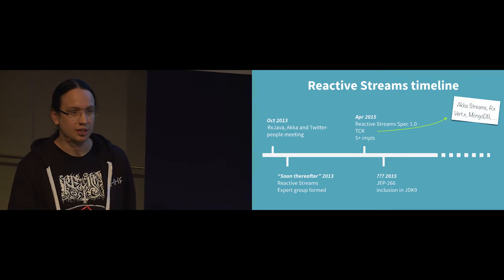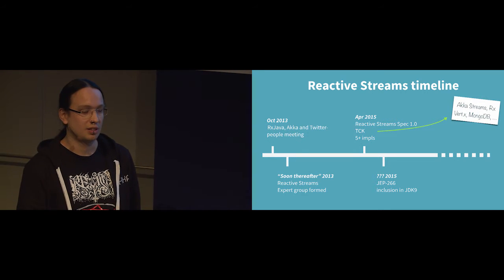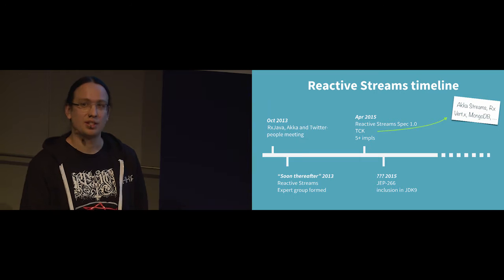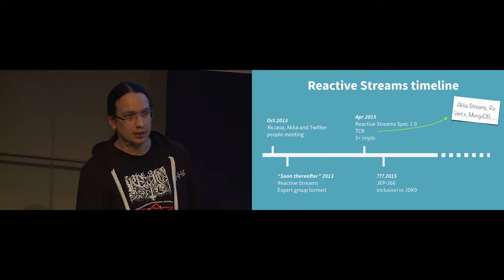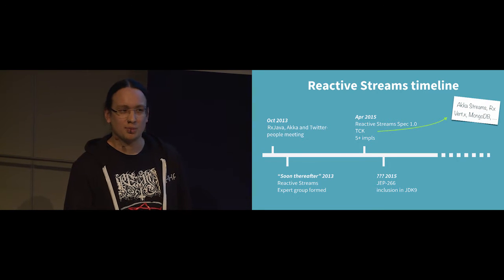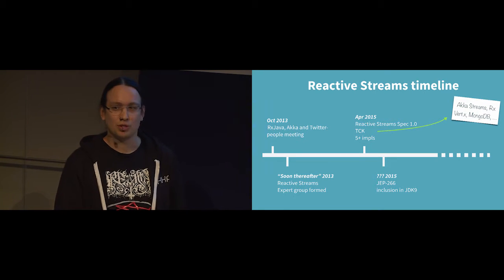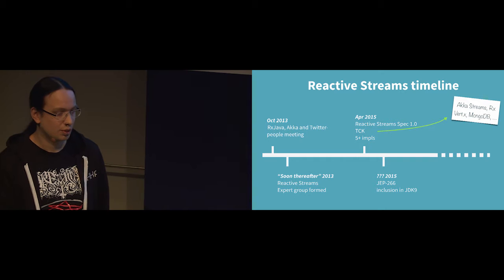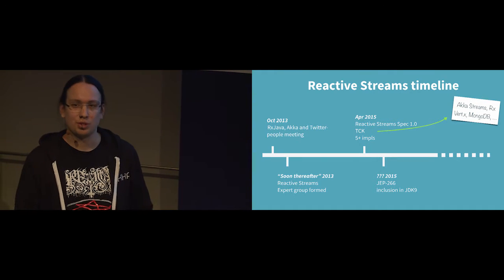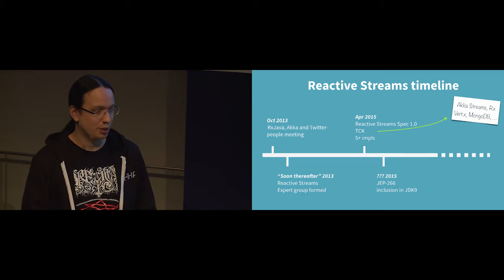We had one way to solve it in Akka with Akka.io, which is NIO-based. And we had iteratees in Play, which was a concept from Haskell, and a lot of people didn't really grasp it, and it was almost impossible to write a Java API for it. So they ended up forming this Reactive Streams expert group together with some more people.